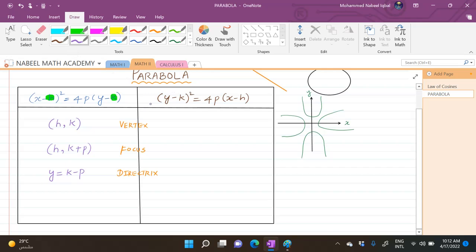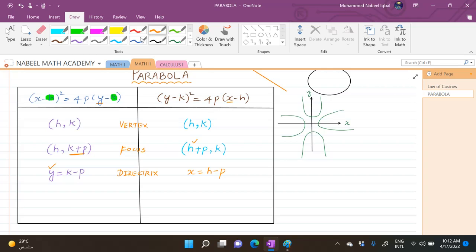Similarly, for the other type of parabola, the vertex is h comma k, with no change, and the focus, since the x-axis is the axis of symmetry, has a change in the x coordinate: h plus p comma k. In the last one we had y, therefore a change in y, and y equals. Similarly here there is a change in x, and x equals the just opposite sign, h minus p. So these are the formulas.